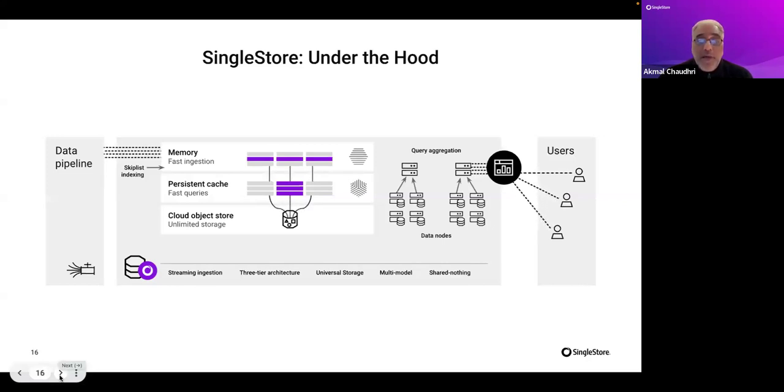That works really well. And if you're familiar with the way that some distributed systems work, and you look back in time with things like Spark, for example, it's a very similar approach in terms of divide and conquer. So you have this ability to distribute the data, store it in multiple locations, and then when you issue a query, you need some means to be able to aggregate that, and that's where these query aggregators come in.